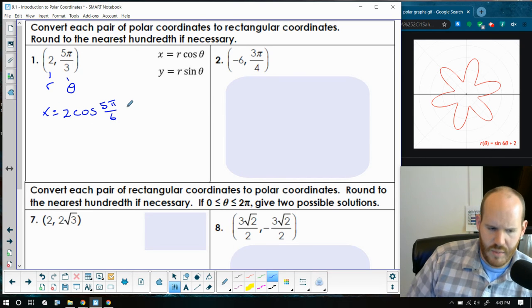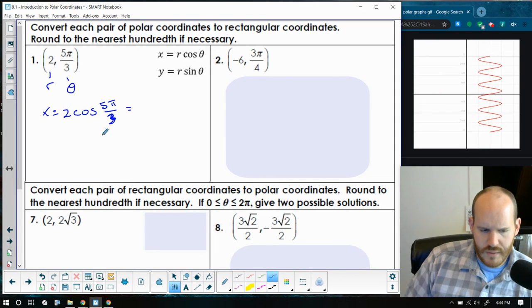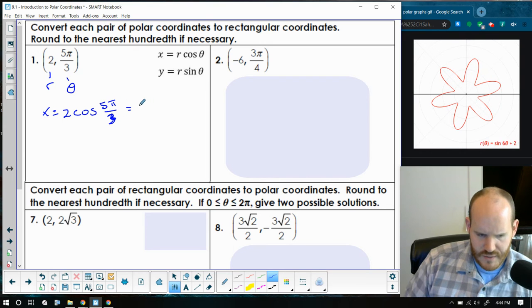This has a reference angle of pi over 3, and I am in the fourth quadrant, so cosine is going to be a positive value. Cosine of 60 is a half, so this will be 2 times 1/2, which will give me 1.